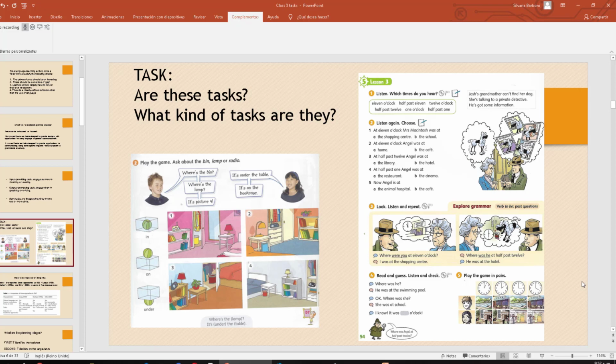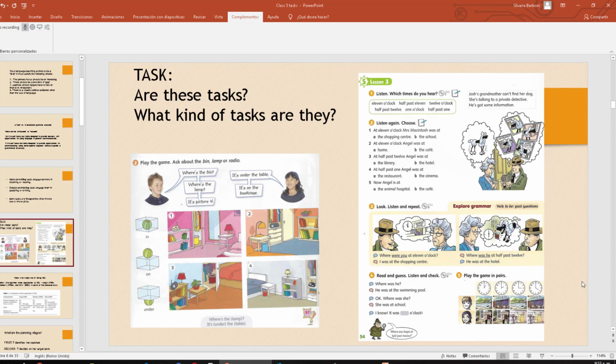So in this particular case, students have to use their cognition. They have to derive information so as to be able to anticipate the answer that comes in the audio. And finally, 5 is similar to the task on the left of the slide. That is, it's a guessing game in pairs in which students have to guess what time each of the characters was in each of these 4 places.